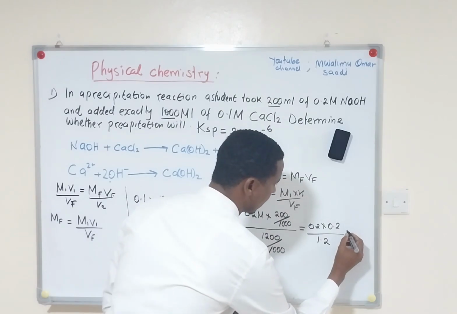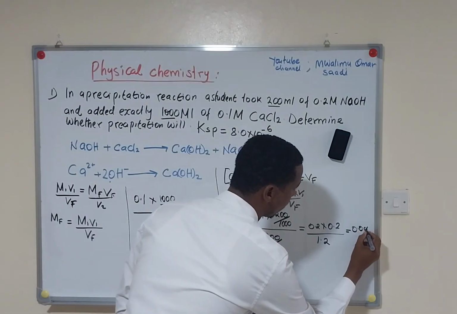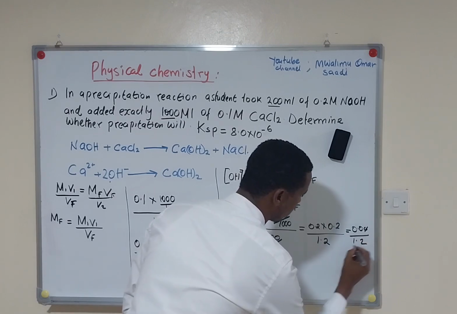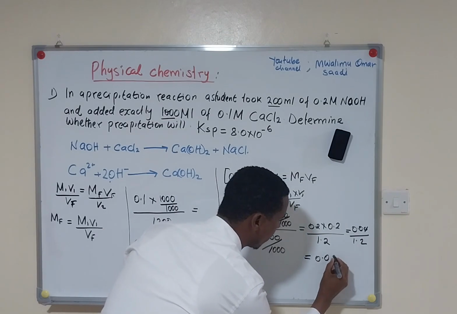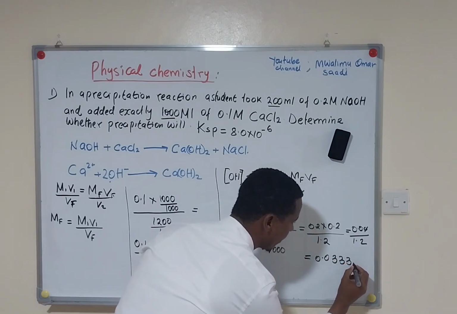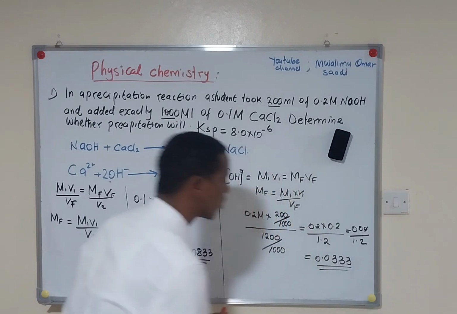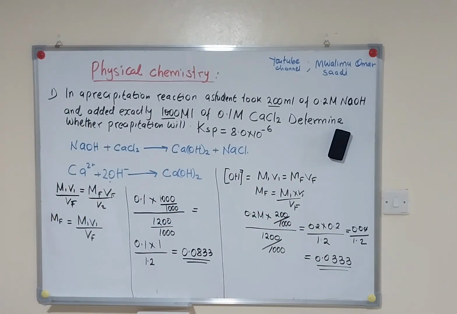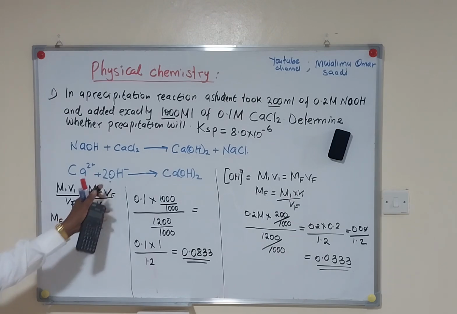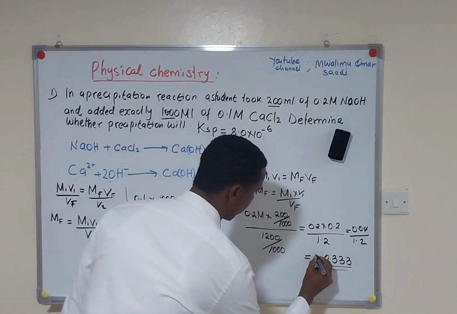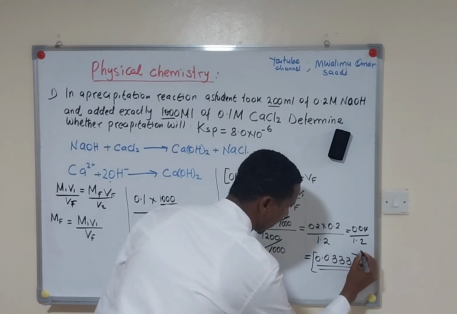That will give us 0.04 all over 1.2, which is 0.033. That is the final concentration of sodium hydroxide. Since the coefficient of hydroxide is 2, this one we square.